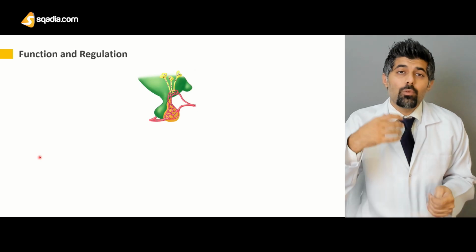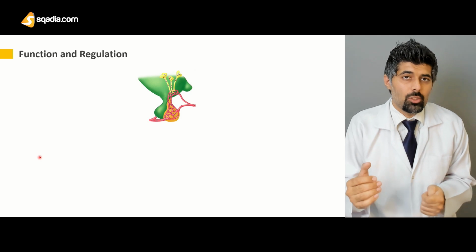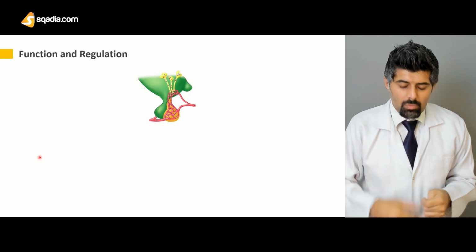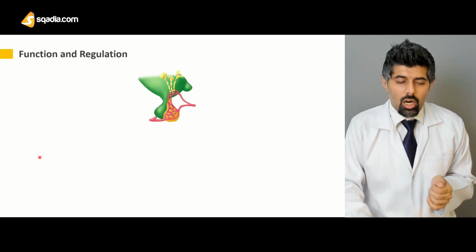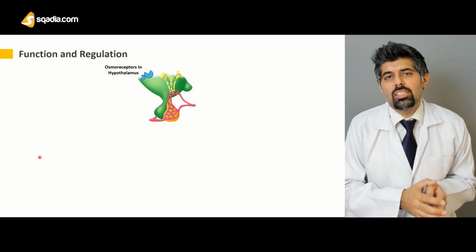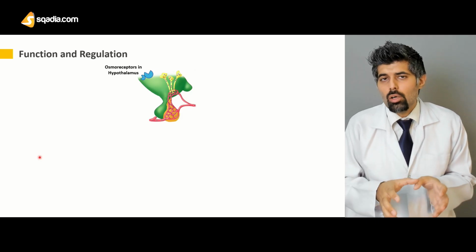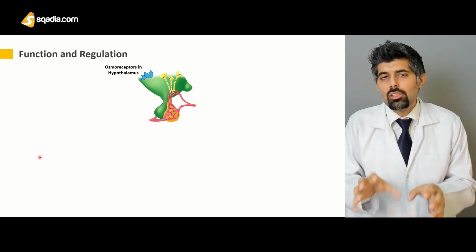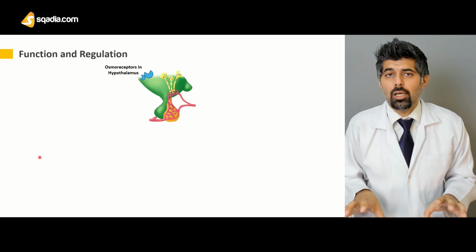It comes from the supraoptic nucleus, which is found in the hypothalamus. The trigger that causes the release of ADH is basically the osmoreceptors, which are found in the hypothalamus. These osmoreceptors are a special kind of receptor which detect the osmolarity of the blood.